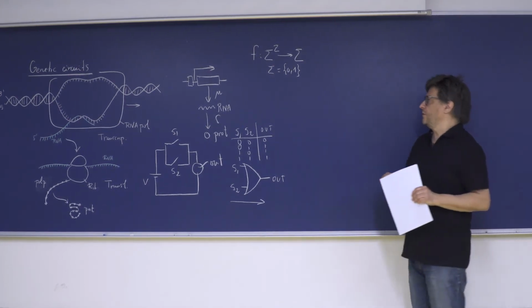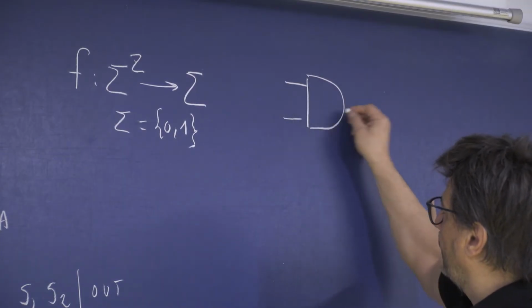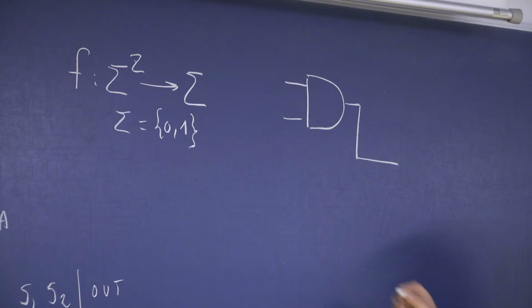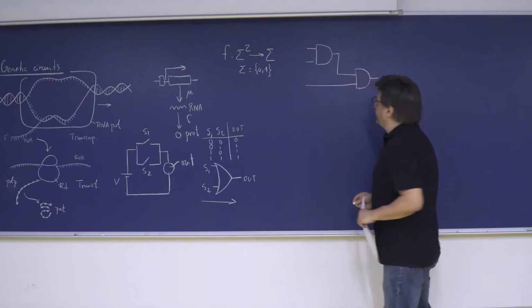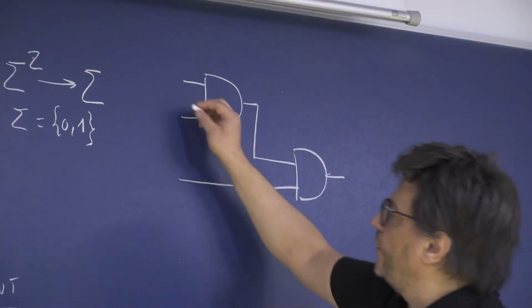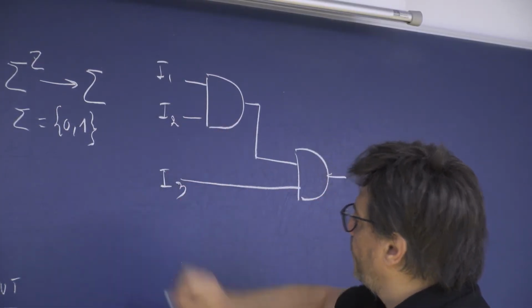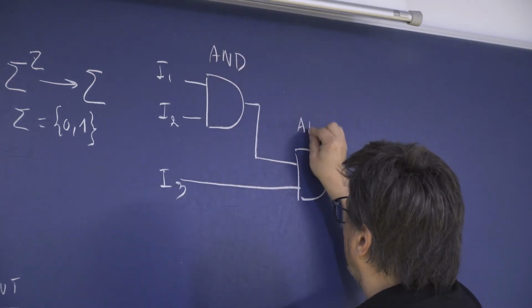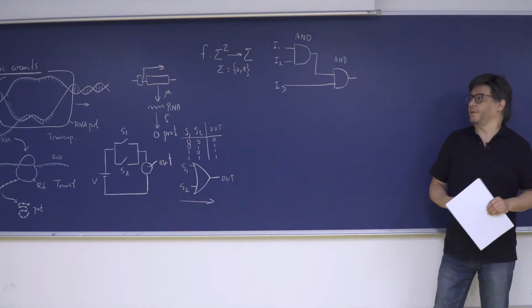For example, imagine that I have an AND gate, okay? I have another AND gate here, all right? So now I'm playing with 1, 2, 3 inputs, and in this case, just as an example, the same gate.